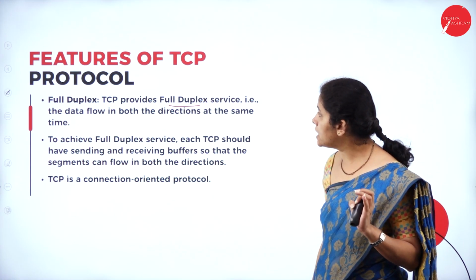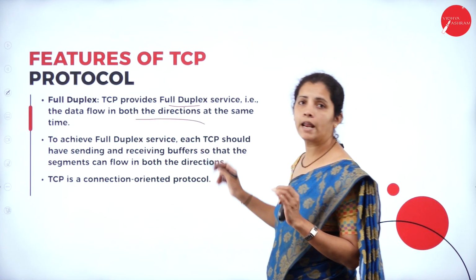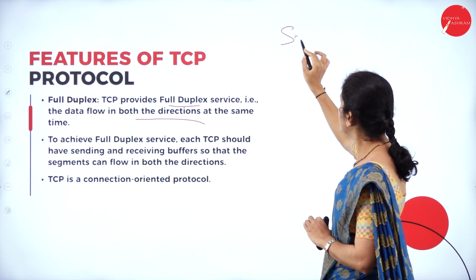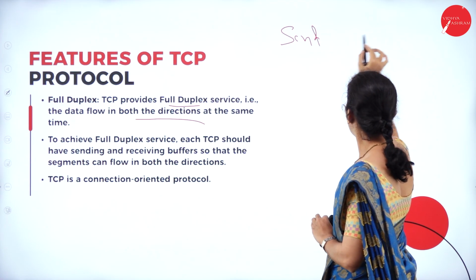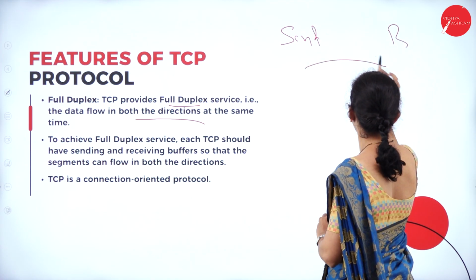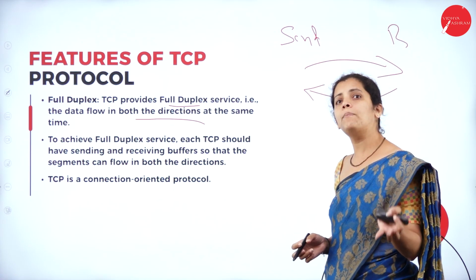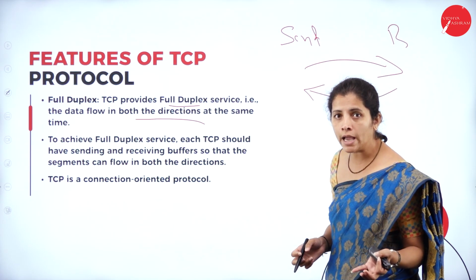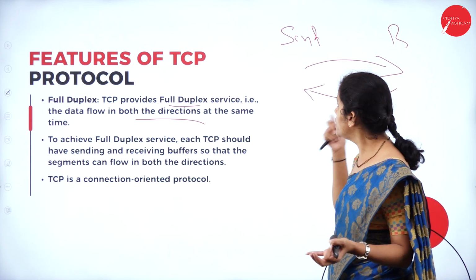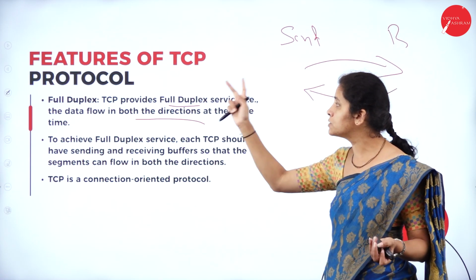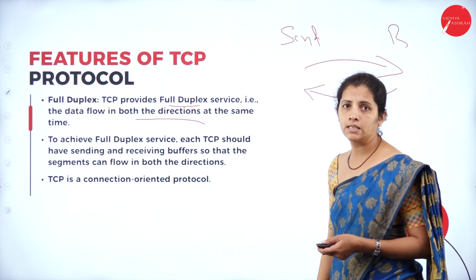So the data flows in both directions. If I consider sender and receiver, the data flows in both directions. In the sense that both parties are able to send and receive. So it is two-way communication. For that reason it is called full duplex.